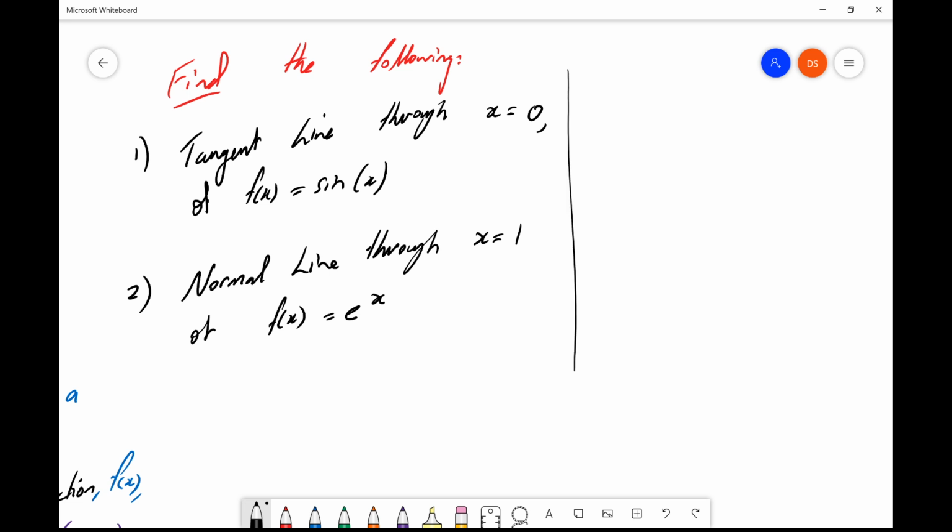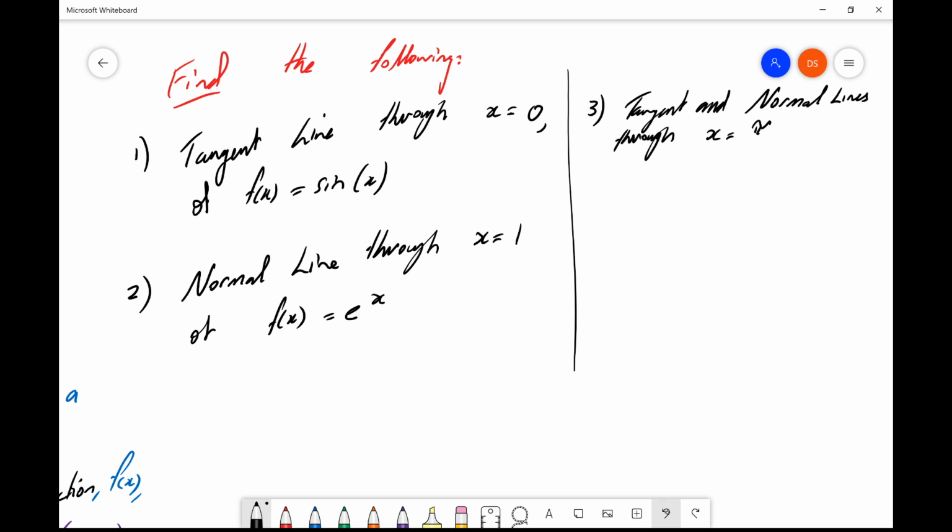Okay. And then question 3. Tangent and normal lines through x equals pi on 4.